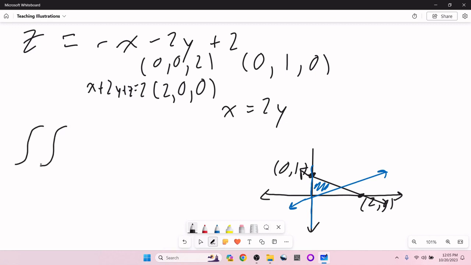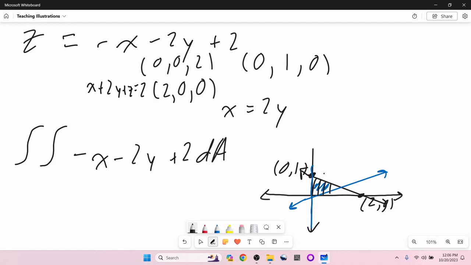Anyway, what we have now, we know z is our ceiling, and it's equal to -x minus 2y plus 2, dA. Now, what about x or y? Which one do we want to do first? It looks like we want to go vertical first.